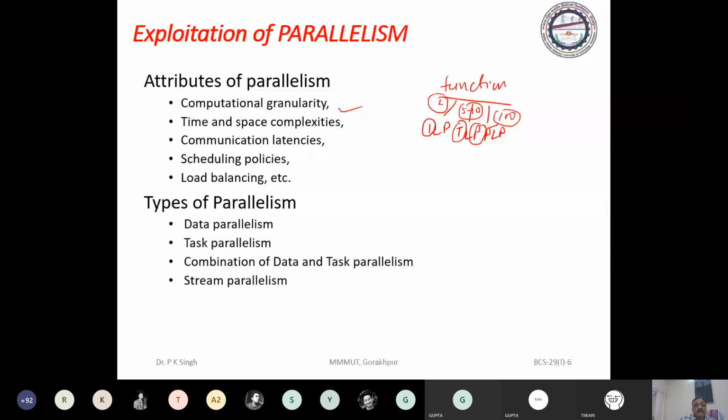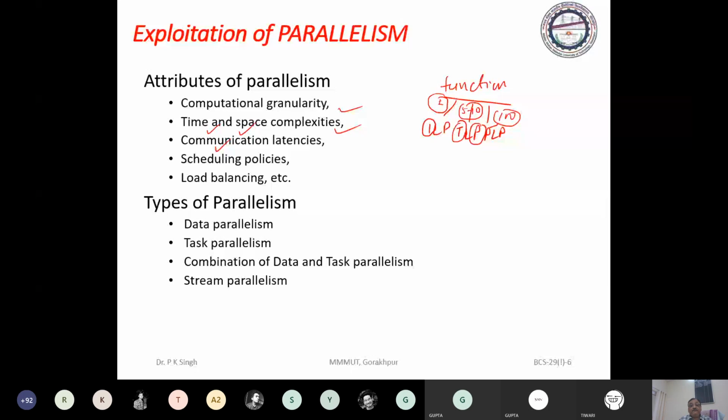Now, time and space complexity: for the performance of any computing, we use these indicators. If you are doing sequential execution, you have to bother about time and space complexity for the efficiency of program execution.